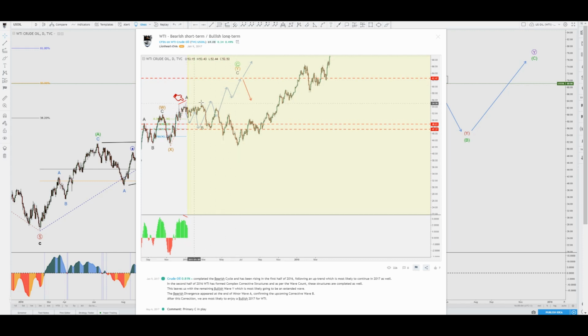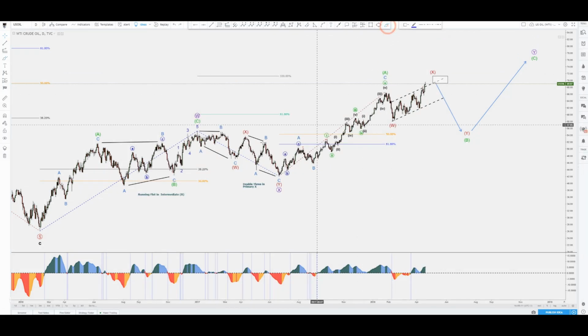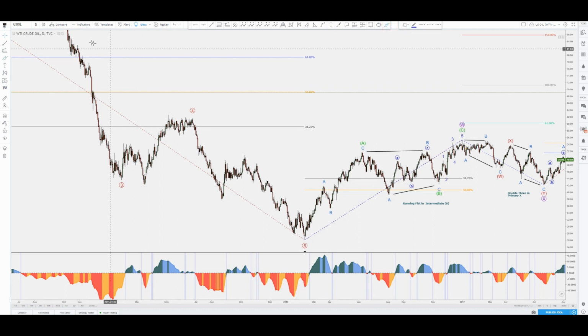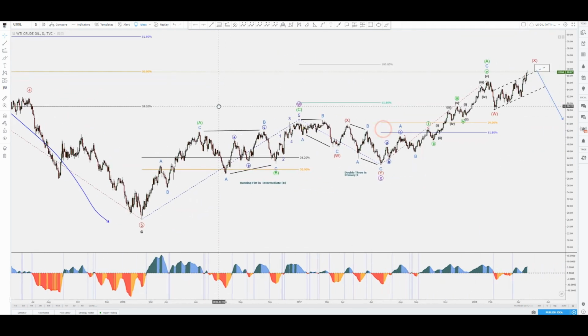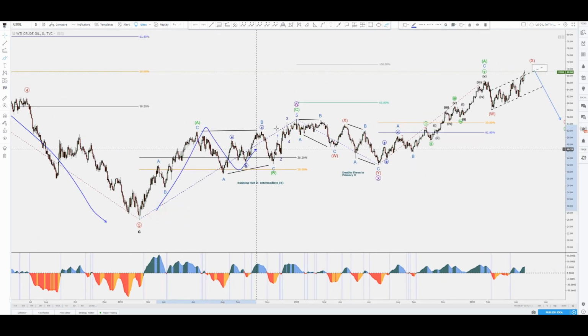Yeah, we have basically this corrective piece. Now, this corrective piece developed in a very complex way. So the explanation, the reason behind this type of complex structures developing is because, let's say for instance, we have a main move, yeah, we have an impulse coming from the upside, and then it starts correcting in a three-wave move.